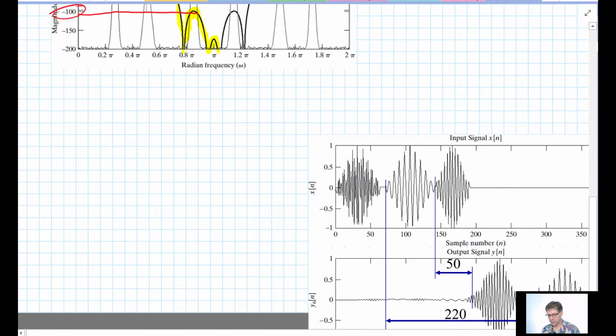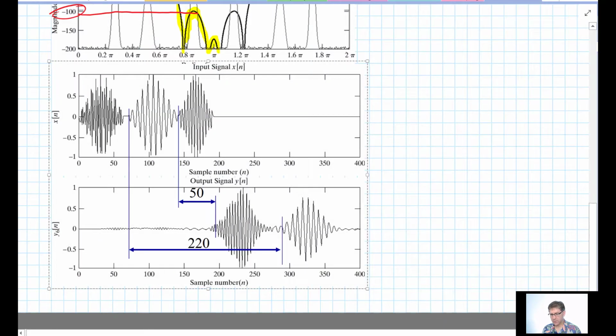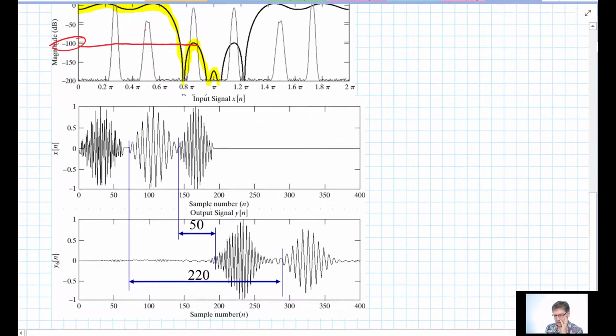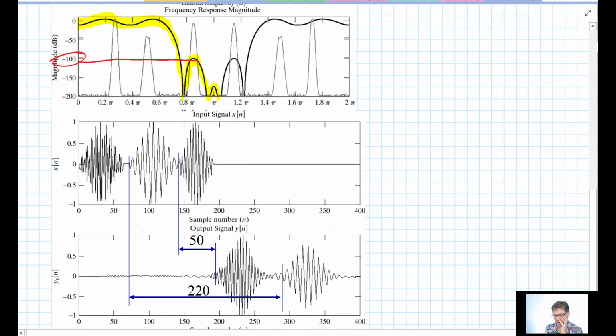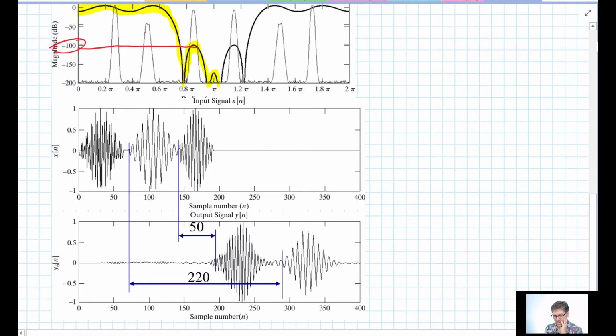And so we can now look at the input versus the output, and we see our input as we saw earlier, but now the lowest frequency signal experienced the highest group delay right about here. And so this low frequency signal is now coming after the mid-frequency signal.